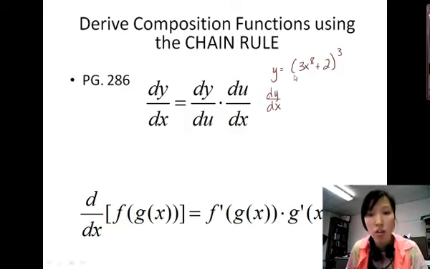So overall, to derive this equation with respect to x, you're going to have to go through deriving with respect to the inner first and leaving that all alone, and then you're going to multiply by eventually the derivative on the inside.